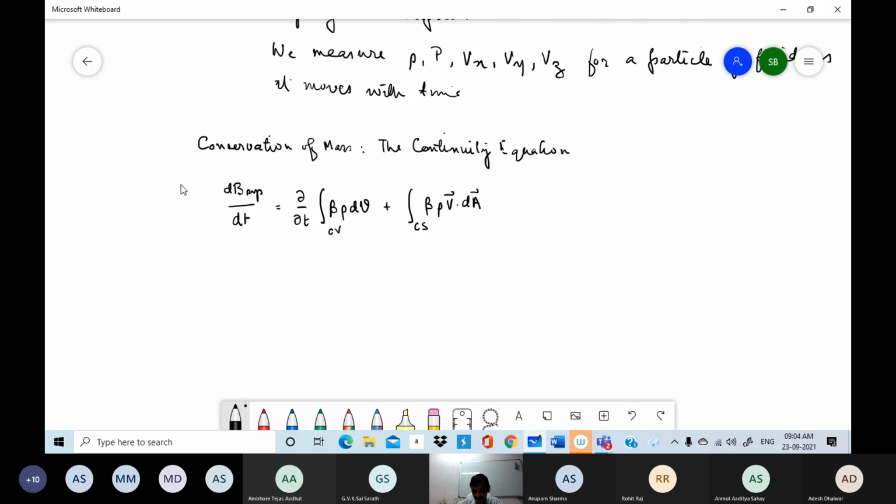So just recapitulating what this represents, B is a physical quantity, an extensive quantity, and beta is the corresponding intensive quantity, which means beta is B per unit mass. So then if I consider a system, when I say system, it means a certain amount of material.